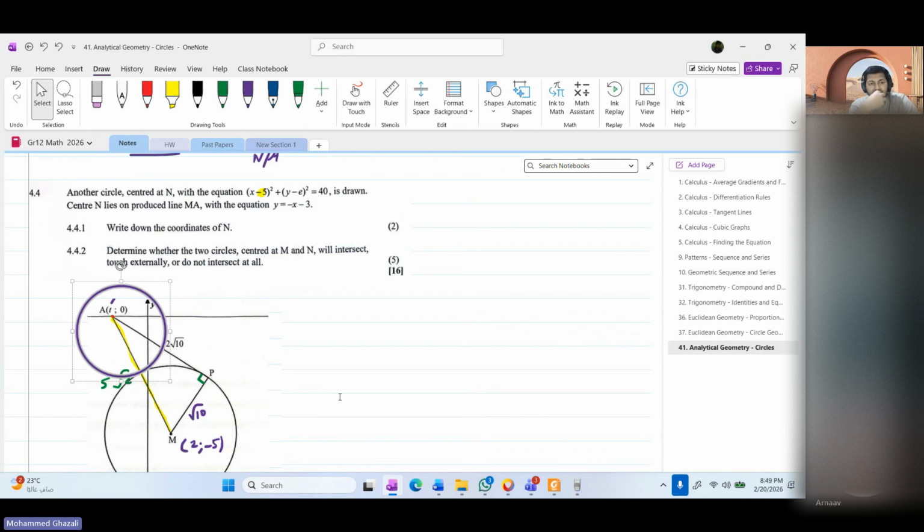I got a problem here. Another circle center N with equation x minus 5 all squared. I think there might be a problem with this question.